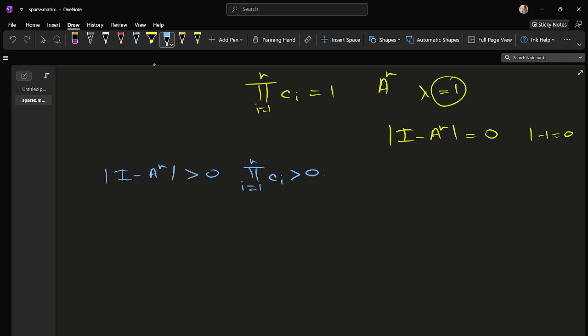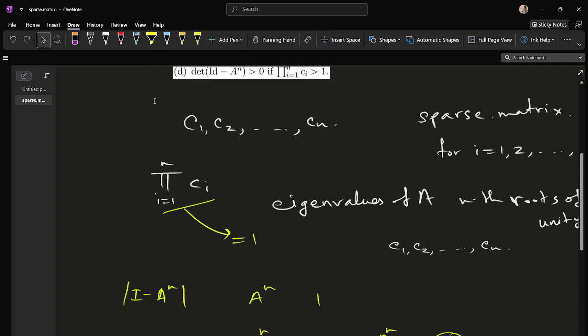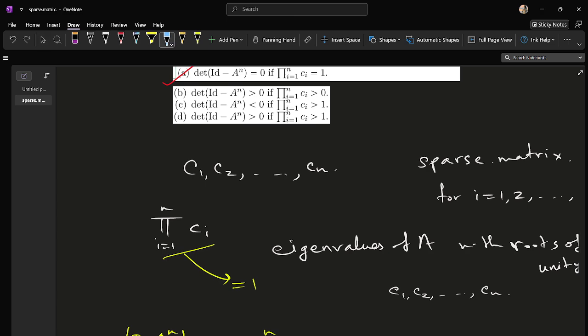This is not necessarily true because the determinant depends on the exact values of Ci. For example, if the product is greater than 0 but the eigenvalues of A to the power n are larger than 1, then the determinant can be negative. So this statement is false.